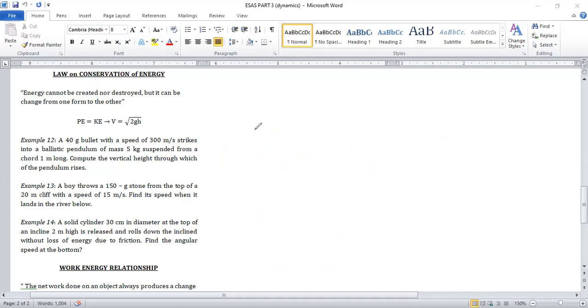Okay, so the same analysis. Now, we have the bullet. It travels at 300 meters per second and hits the pendulum.